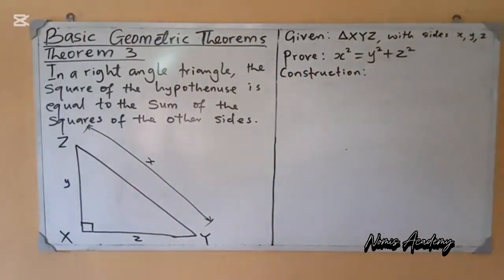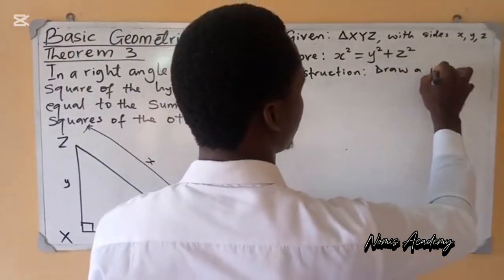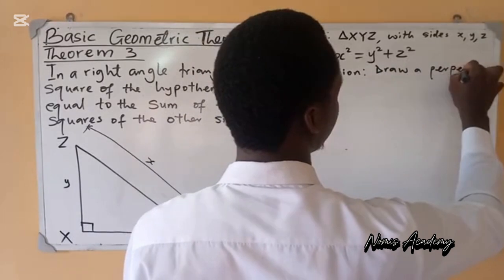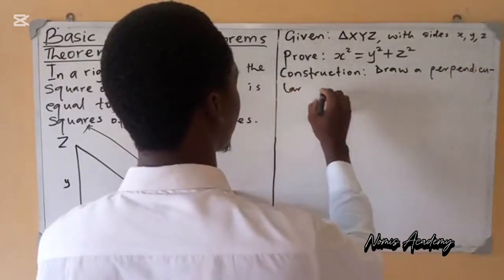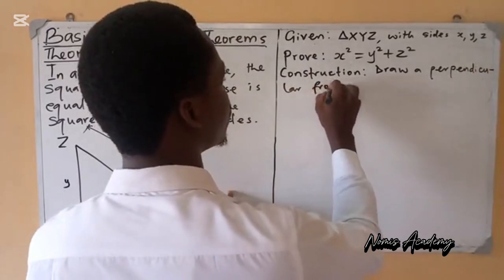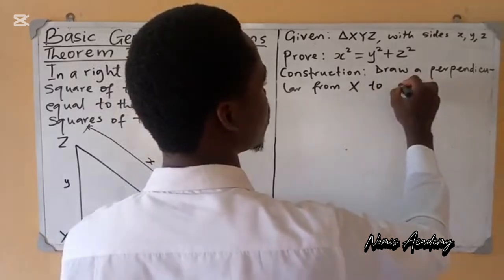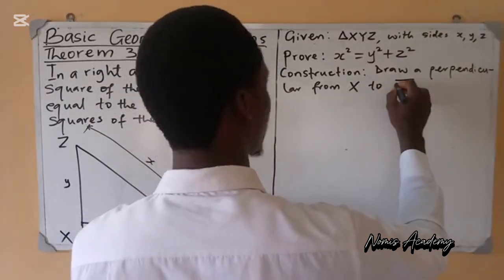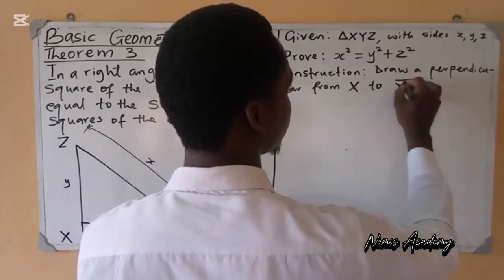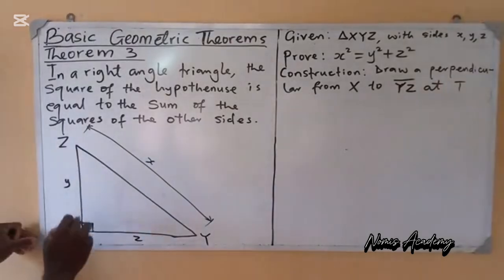Okay, what we need to do is to draw a perpendicular from X to line YZ at T. So this is what we are going to do.